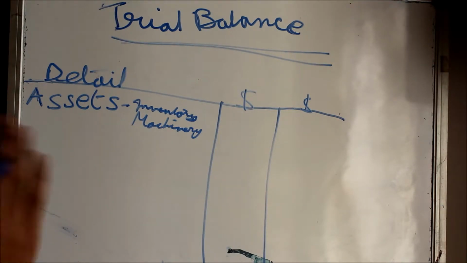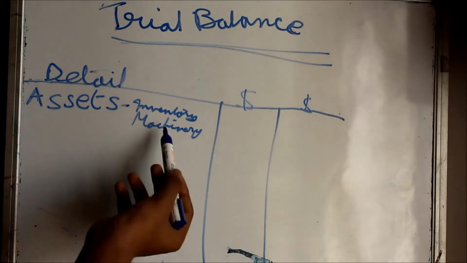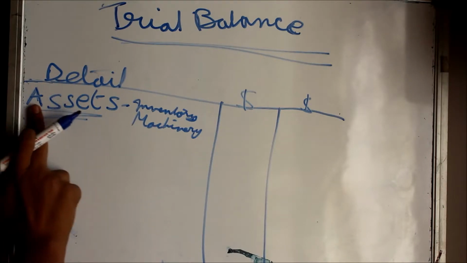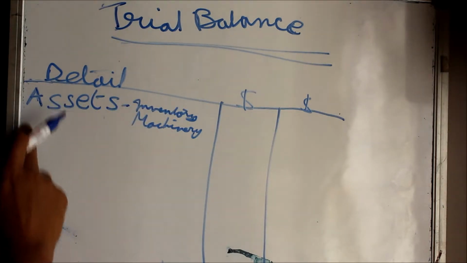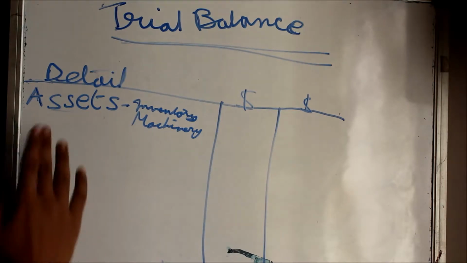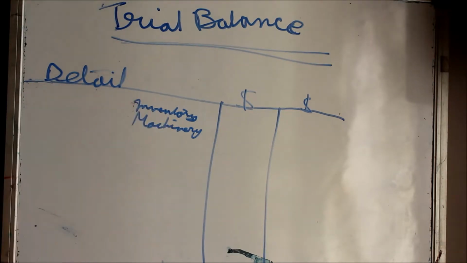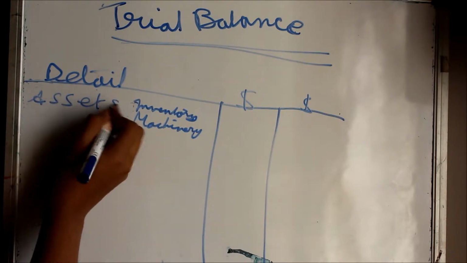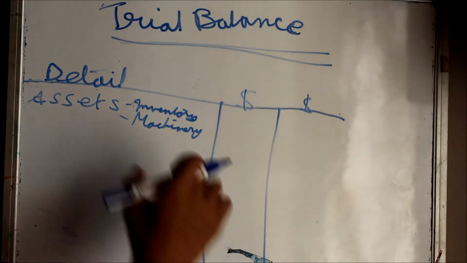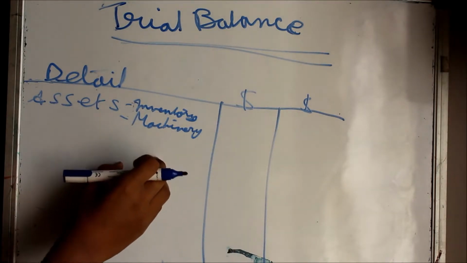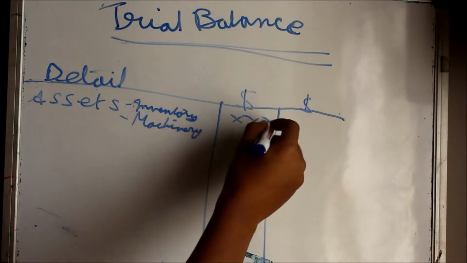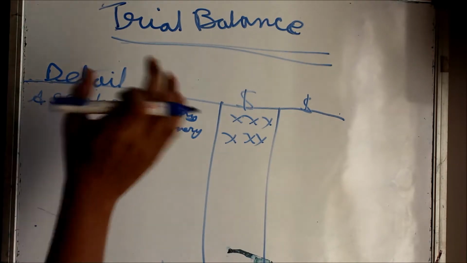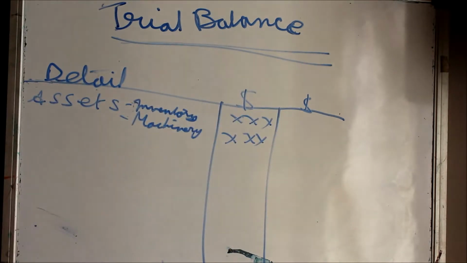They are treated as one single total asset, and each type of asset has to be written differently. But you're not going to write the word asset at all. When you're actually preparing a trial balance, you write inventory differently, machinery differently. For now, I'm just going to write assets over here. Whatever the assets are, the amount of these account balances is going to come on the debit side. So we just write inventory, debit side, machinery, debit side.